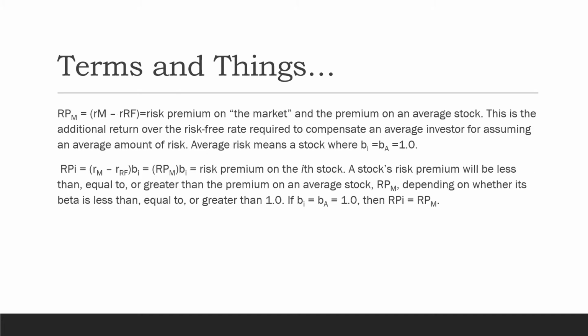RPM is the risk premium on the market. Now this is the calculation of risk, the element of risk when you have your stock in the market, and it usually changes with time and changes a lot.